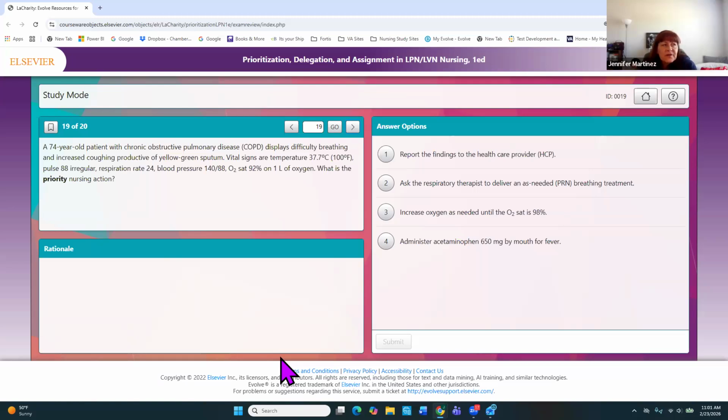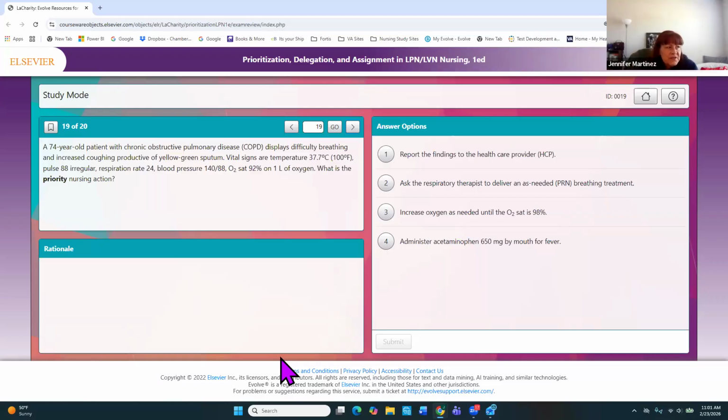What is the priority nursing action? So, one, report the findings to the healthcare provider. Two, ask the respiratory therapist to deliver an as needed breathing treatment. Three, increase the oxygen as needed until the O2 sat is 98%. Or four, administer acetaminophen 650 milligrams by mouth for fever.